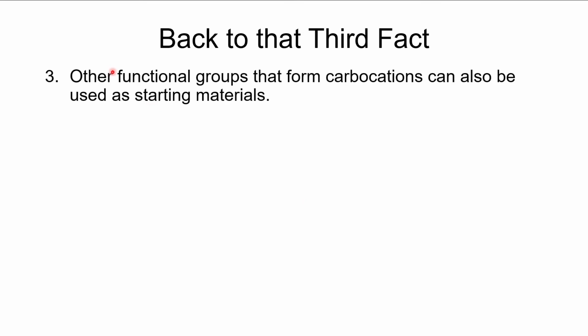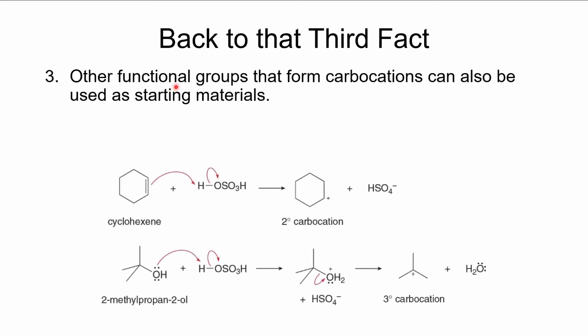All right, there was one other thing that I mentioned about the Friedel-Crafts alkylation, and that is we can use other functional groups that form carbocations as starting materials. We don't necessarily have to use an alkyl halide with aluminum chloride. There are other possibilities.